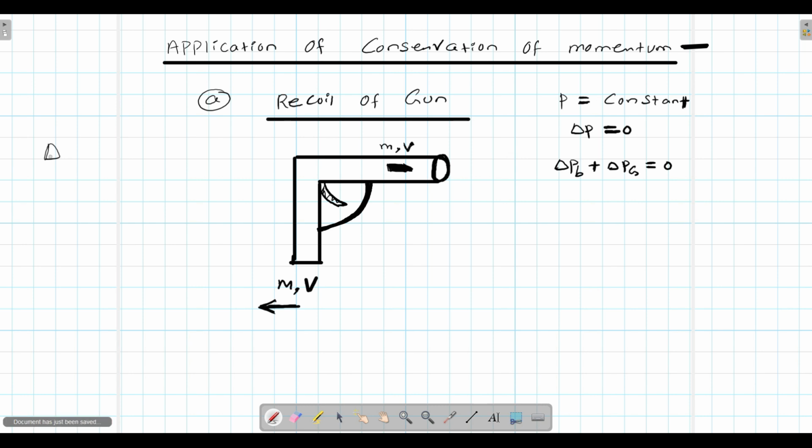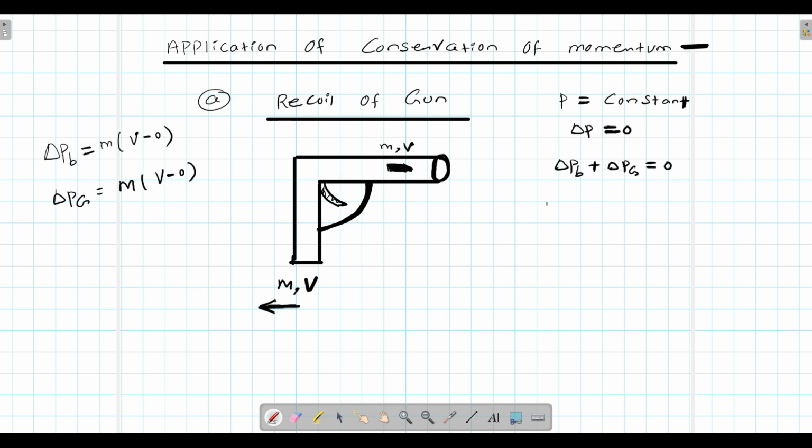Change in momentum of bullet equals m (v minus 0). That is the change in momentum of bullet. Change in momentum of gun is M (V minus 0).